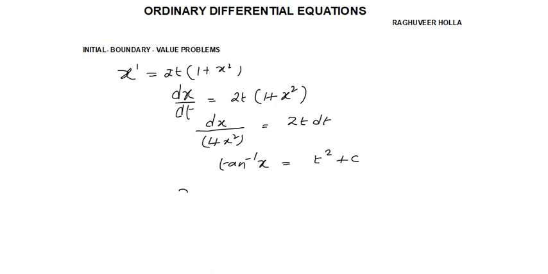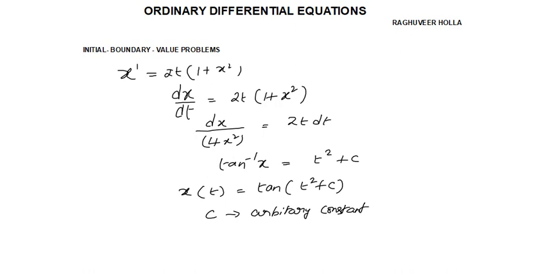Now x of t would be tan of t square plus c, where c is an arbitrary constant, is a solution of the given equation.